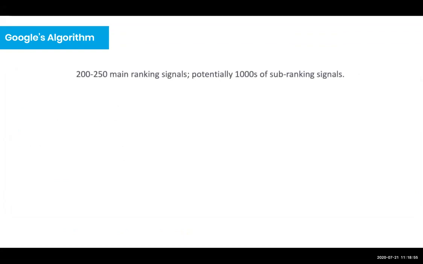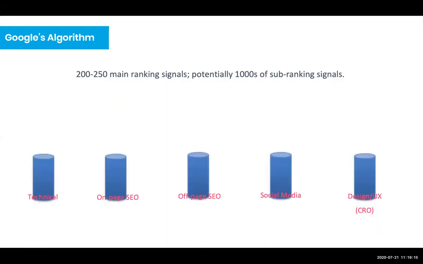All right, let's take a step back real quick. Let me talk about how the Google algorithm works and how complex SEO and international SEO has become. There are roughly 250 main ranking signals in Google's algorithm, potentially thousands of sub-ranking signals.